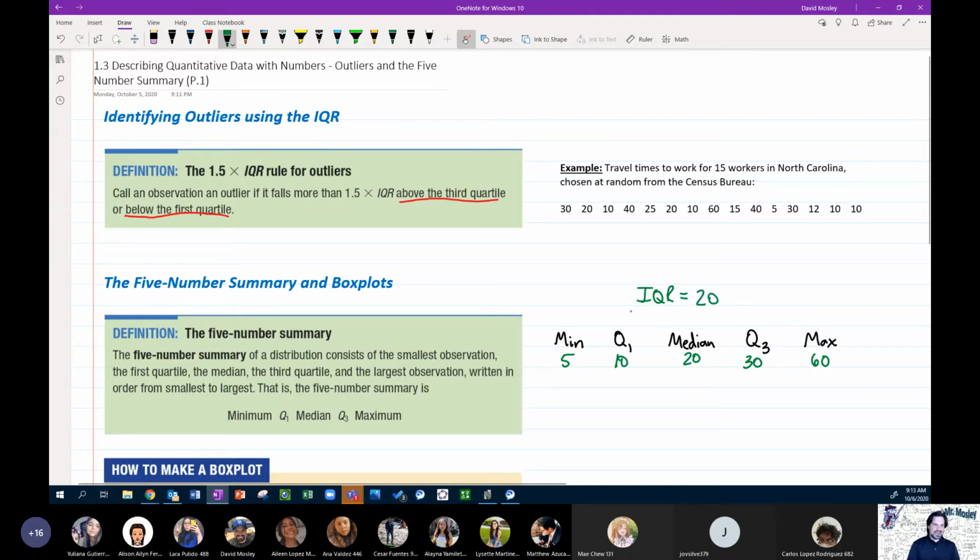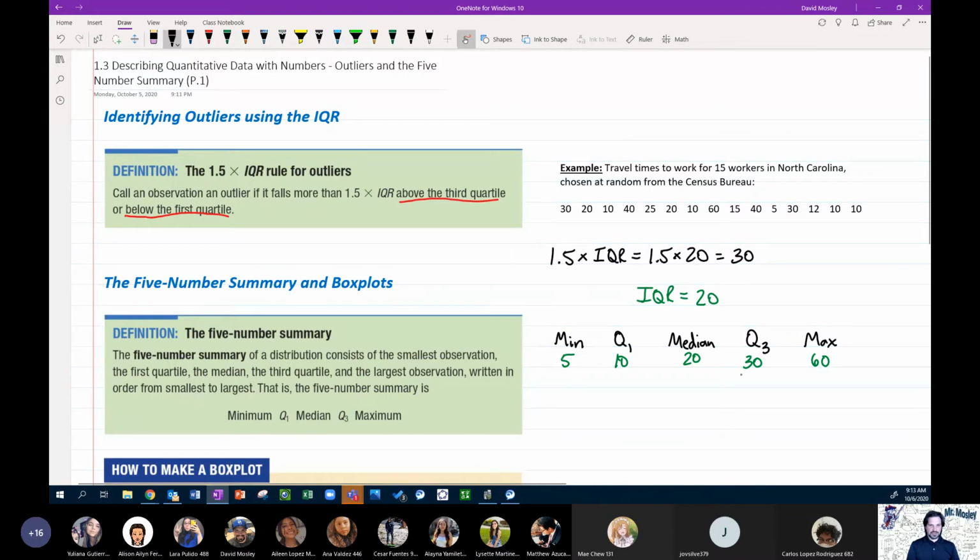So if we're looking for an outlier, we need to run the 1.5 times IQR math and test for outliers in this data set. So 1.5 times the IQR is going to be 1.5 times 20, which is 30.